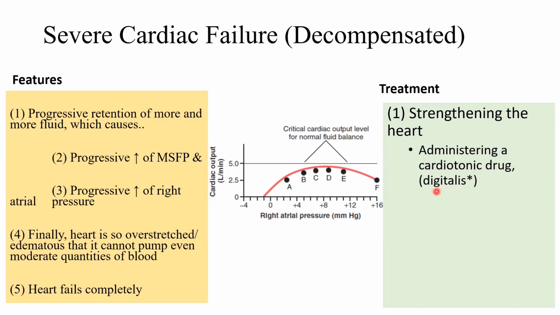What digitalis does basically is it inhibits the sodium potassium ATPase. Now, what does sodium potassium ATPase have to do with calcium? It does, because the calcium is removed basically by exchanging it with sodium. And it's this sodium calcium exchange that gets disrupted when you inhibit the sodium potassium ATPase.